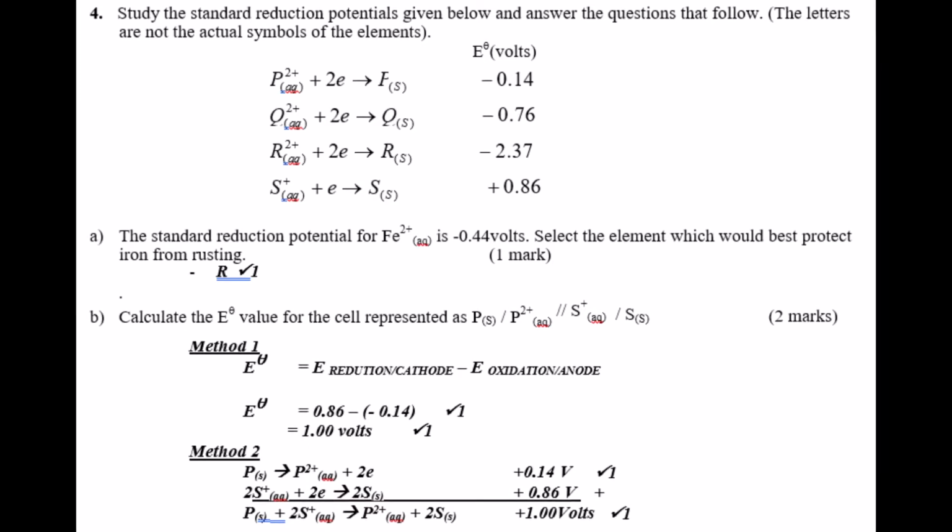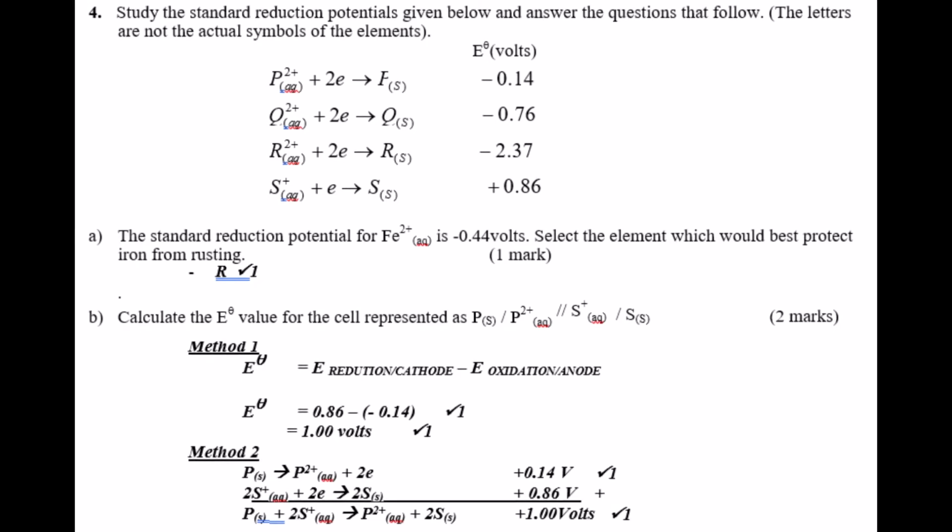The element with the most negative electrode potential is the best protector, the most reactive. In that case, R is the metal that can best protect iron from rusting.